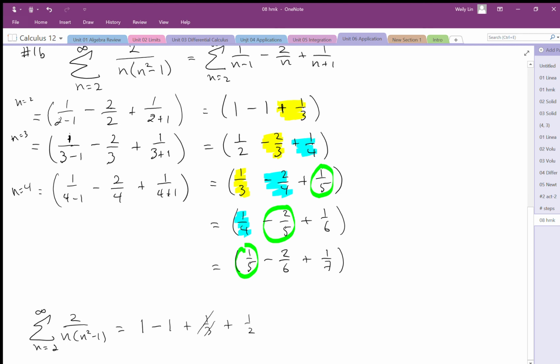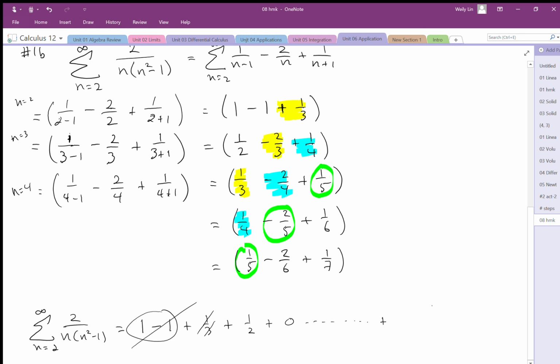So these cancel out. That's a zero pair. So plus all this, basically plus 0 dot dot dot, and then at the end, n is equal to infinity.